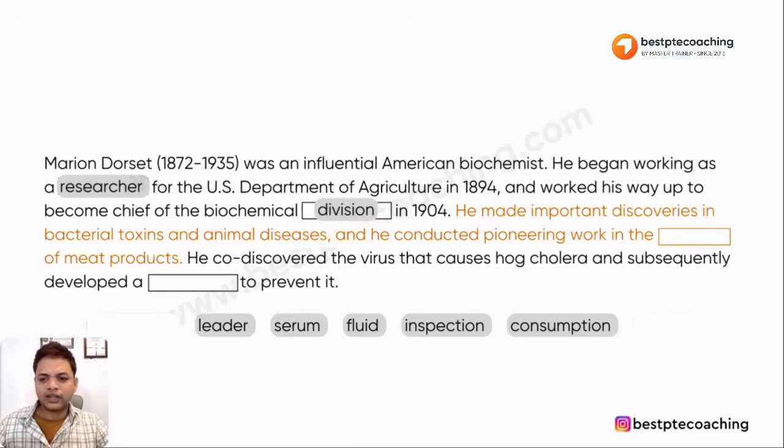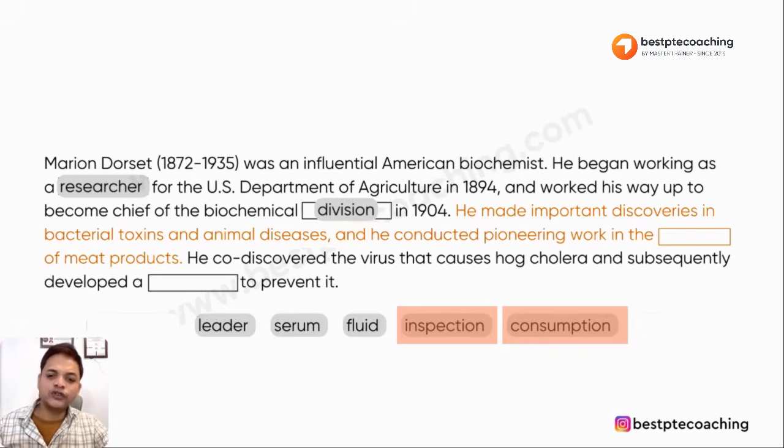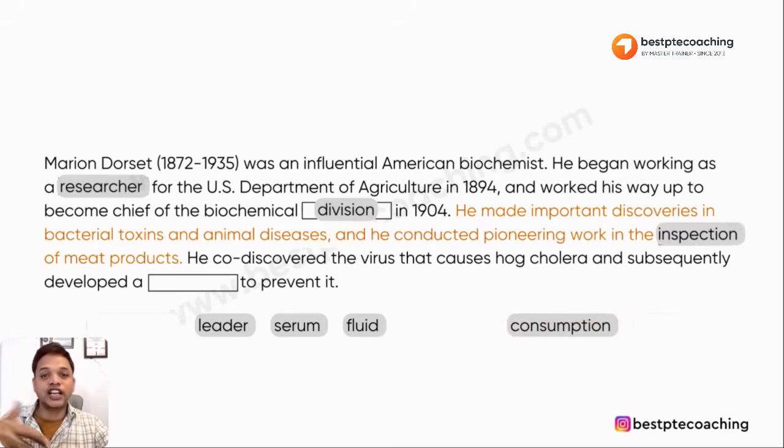So I need work in the blank of meat products. So what does a scientist do with the meat products? Does he do inspection? Does he do consumption? He's not going to eat it, right? So it is in the inspection of meat products, right? Consumption, inspection, both are there. Since he is a biochemist and has become chief of the biochemical department, then he should be into what? Inspection, checking, researching kind of thing.